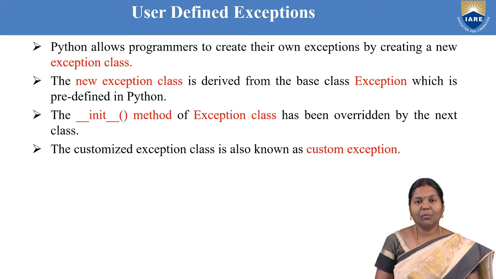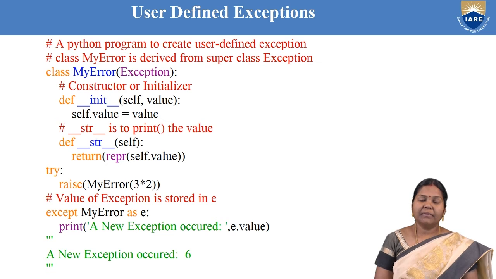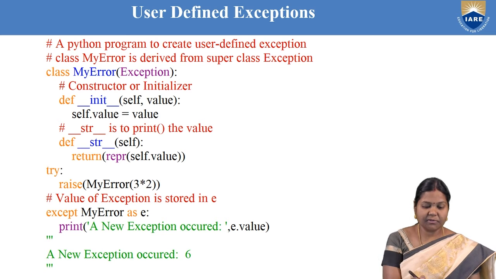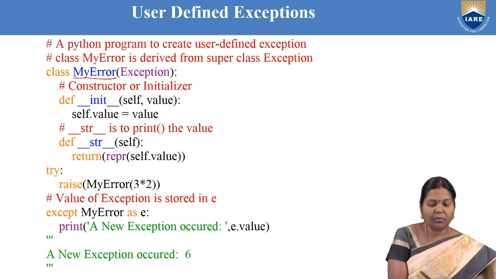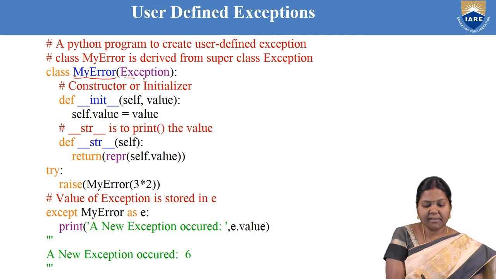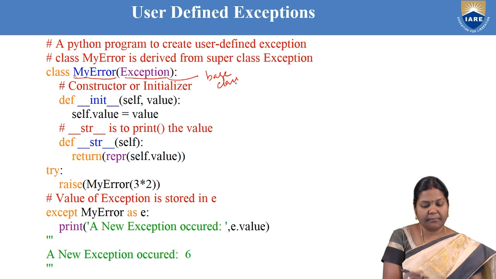Now, let us see how to write our own exception, that is, a custom exception in Python. This program shows you how to create a user-defined exception. Here we are creating an exception called MyError. This is called the derived class, and it has to derive from the base class called Exception, which is already built into Python.